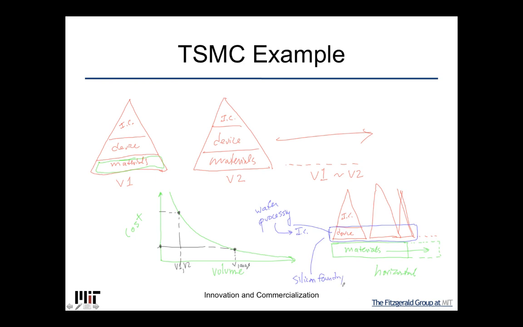So you can read the abbreviated story of Morris Chang inside the book, and it's also available, of course, online. But the bottom line is this created and still is the largest and most successful foundry so far, called TSMC, Taiwan Semiconductor Manufacturing Company, and of course a lot of benefit to Taiwan occurred by creating this model inside that country.